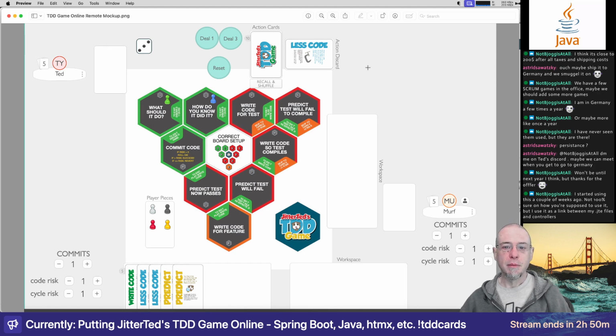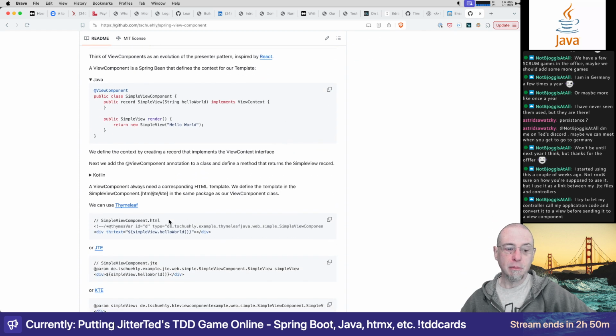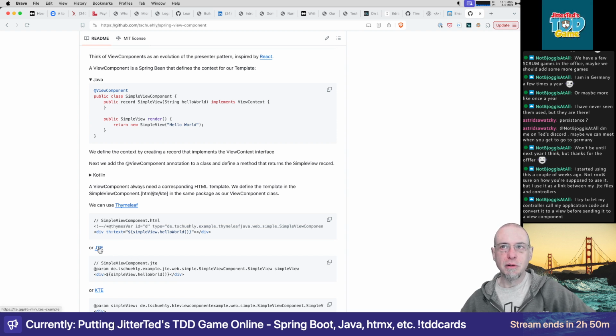Yeah, so View Component works with both Thymeleaf and JTE. I want to like JTE, except I don't understand why they made it so that it's no longer a natural HTML template.